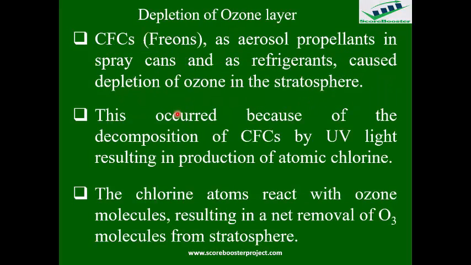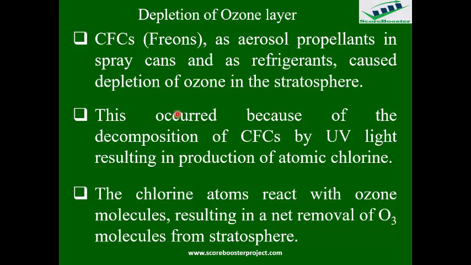Depletion of ozone. This is another problem in the world currently. As we are growing, we are using some basic things that make life easy for us. One of them is the refrigerators.